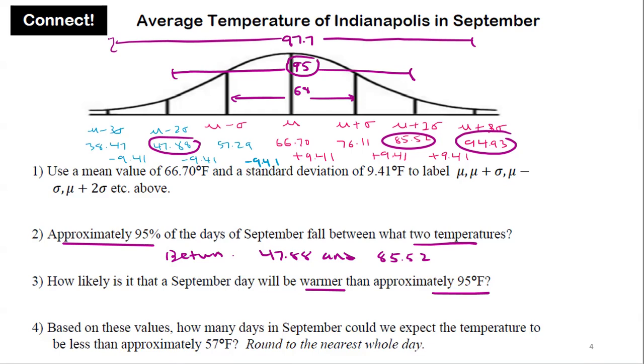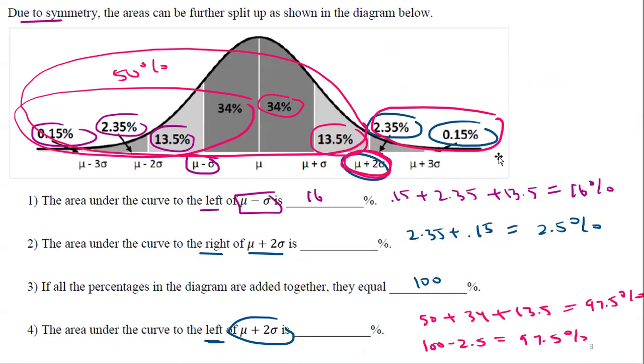So it's asking warmer, right? Warmer means hotter. So we don't want to go to the left because that's going to make it cooler. We want to go to the right, which will make it warmer. So we want this area right here. What's this area? Well, if we go to our previous slide, it tells us it's 0.15%.